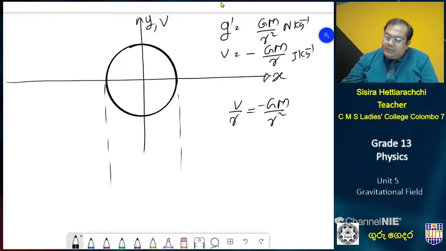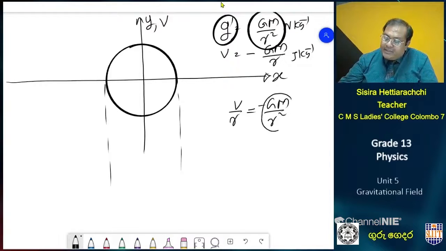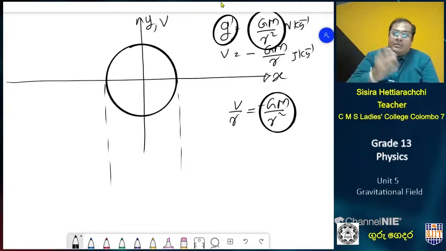Then you can see it is equal to, what is that? It is positional gravitational acceleration, or field intensity. Then we have another nice relationship. Potential gradient is the field intensity.